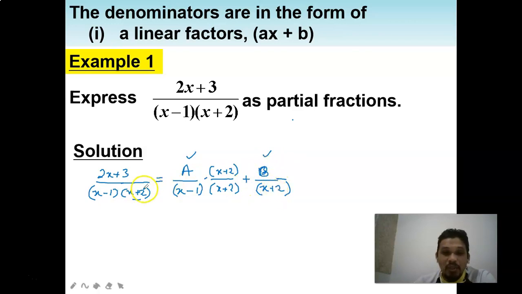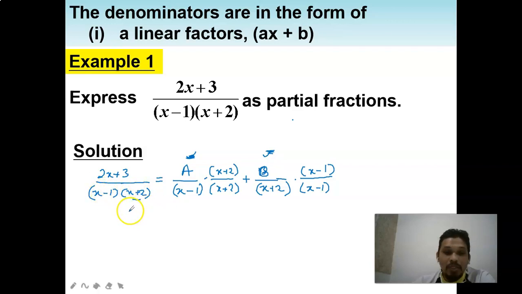We compare it with the denominator from the question, and we need to multiply by x minus 1 and x minus 1. Now both of these fractions have the equal denominator, x minus 1 and x plus 2.